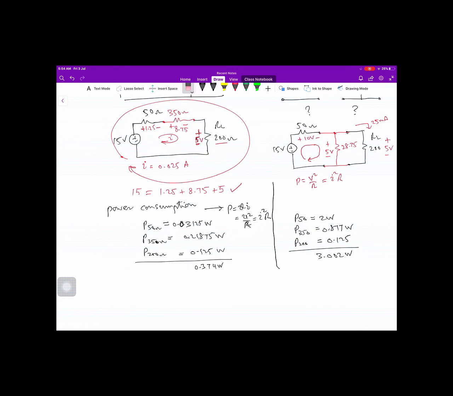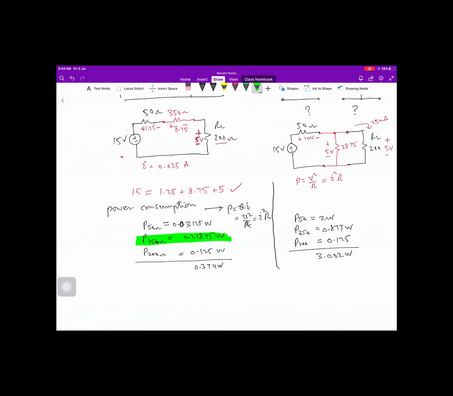Now note that over here we have done the analysis based on the power consumed in each element. Just look at the interface.